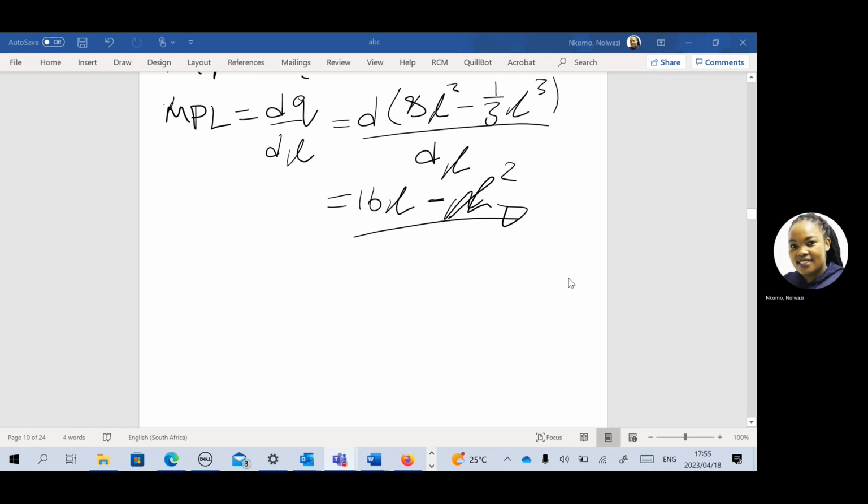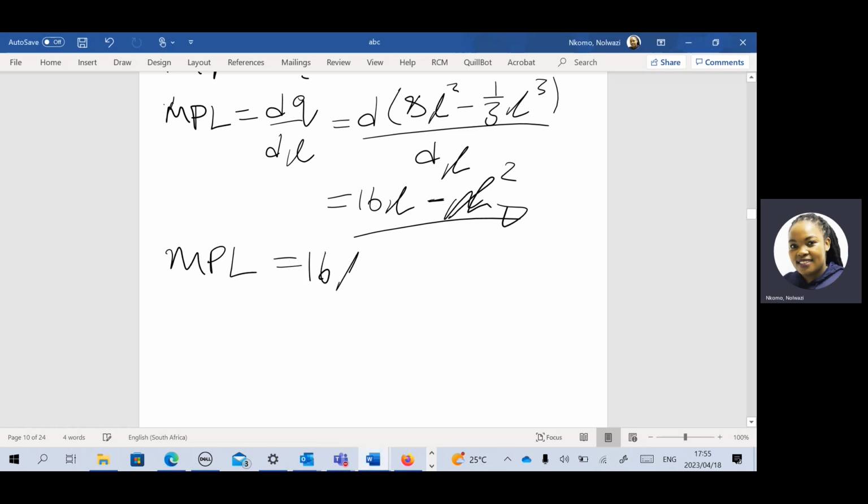Now, what would happen if five workers were employed? What would be your marginal production of labor? Suppose you are asked that question, right? Okay, you have the marginal production of labor function, which is 16L minus L squared.